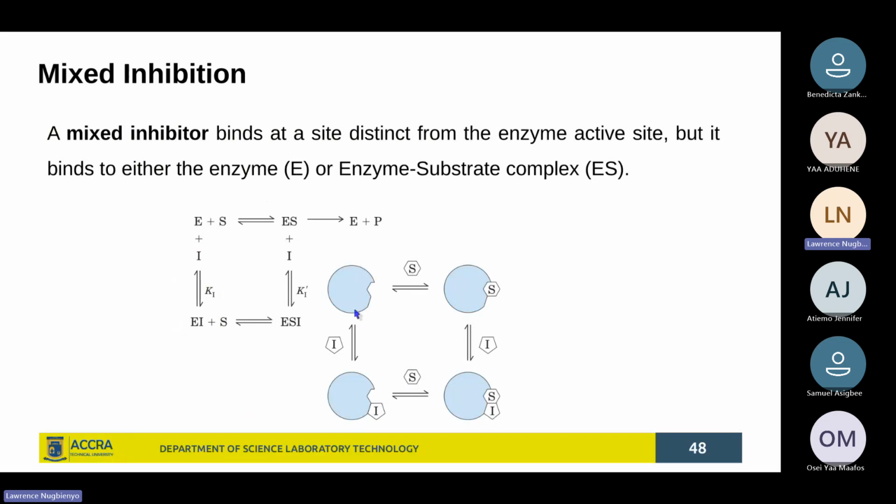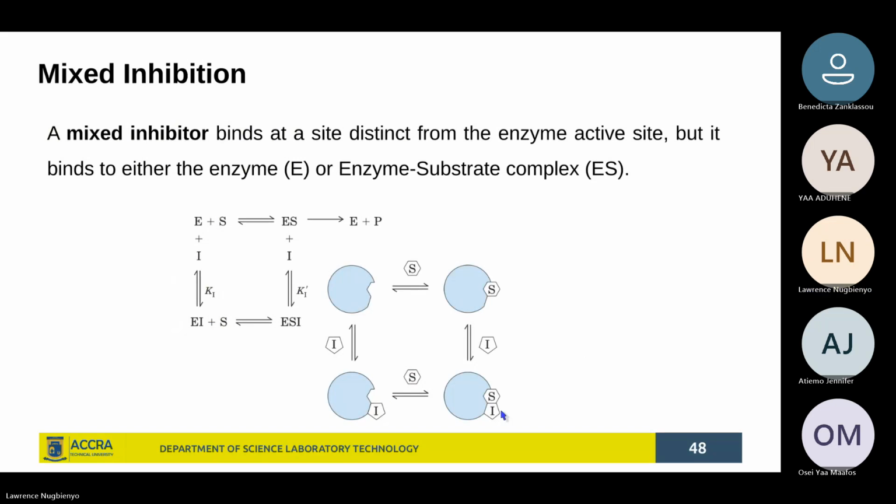So the inhibitor binds first before the substrate comes to bind to give you the enzyme substrate inhibitor complex. Both paths result in the same thing. Once you have the enzyme substrate inhibitor complex formed, the reaction is either prevented from occurring or it is inhibited such that the rate of it is reduced significantly. All right. So you can have these two paths occurring in mixed inhibition.